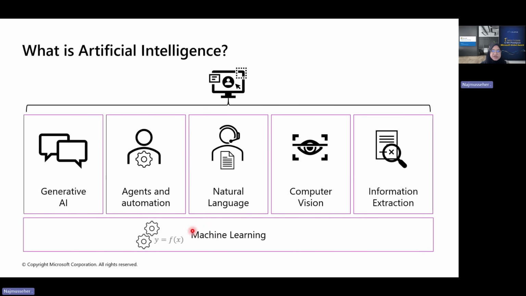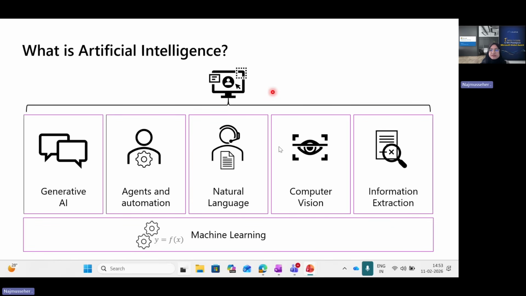Machine learning is the foundation that enables the AI system to learn from the data, where generative AI tries to create a new set of information, and agents and automation is our focus for today's session. But before getting into a deep analysis of agents, I'm going to quickly give you an overview of all these capabilities related to artificial intelligence.